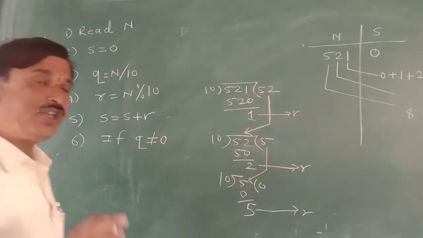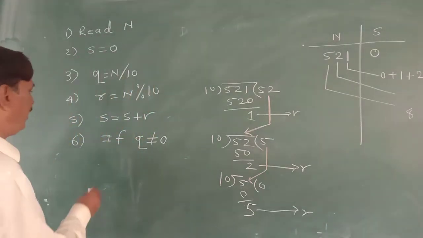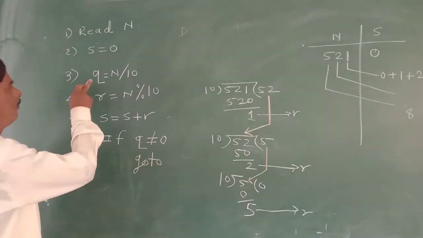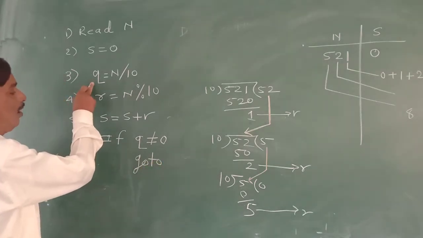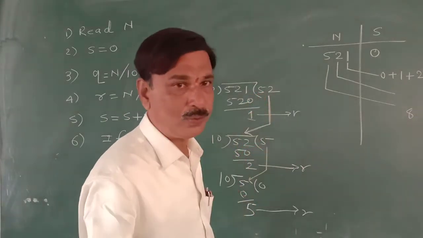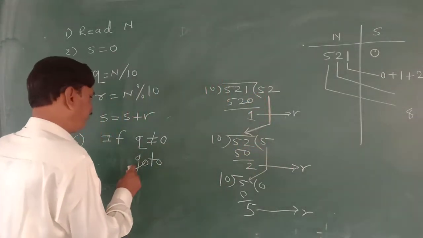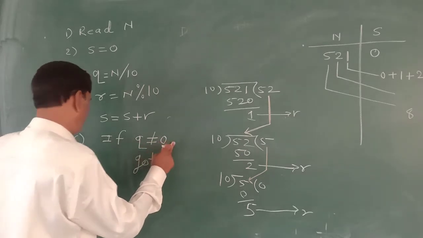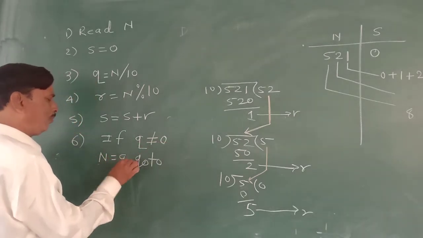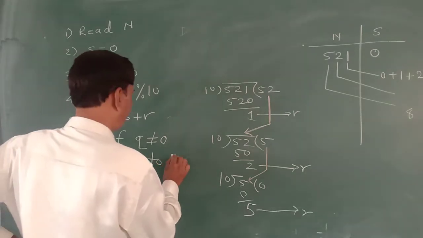If the quotient is not equal to 0, then again we have to go to step 3. But at that time n will be 52. That's why if the quotient is not equal to 0, new n is equal to q and go to 3.